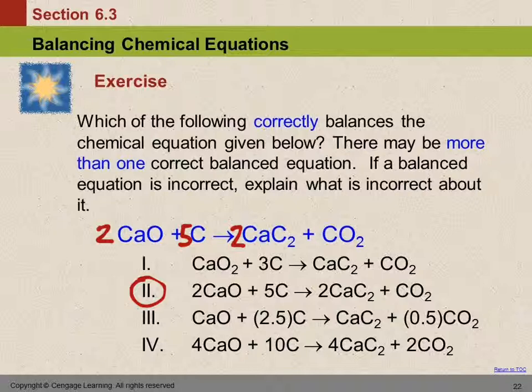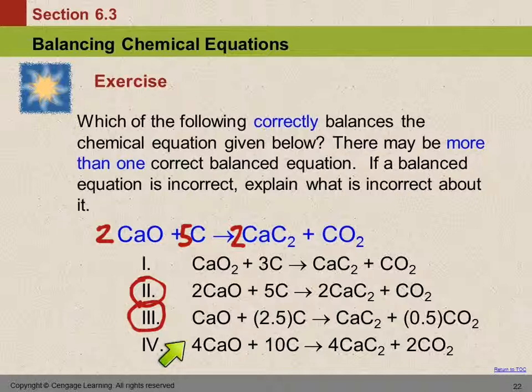Well, what's the difference between 2 and 3? 3 has all of the numbers from 2, all the coefficients divided by 2. 2 divided by 2 is 1. 5 divided by 2 is 2.5. 2 divided by 2 is 1. 1 divided by 2 is 0.5. So those aren't whole numbers. Is that okay? Well, it's not ideal, but it's balanced. Okay, so this one is also balanced.